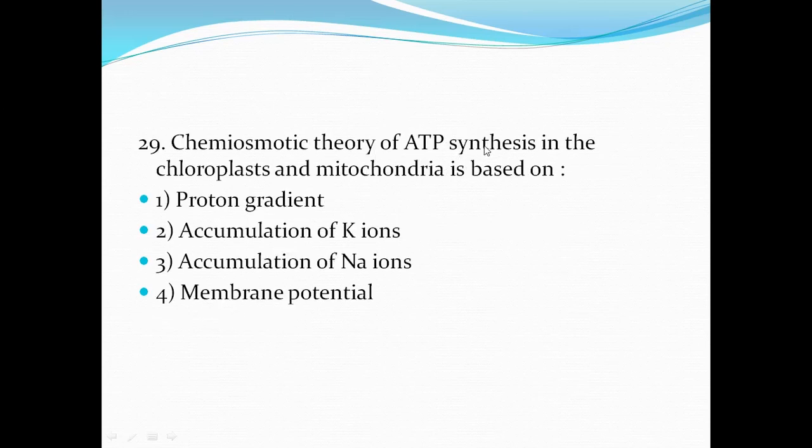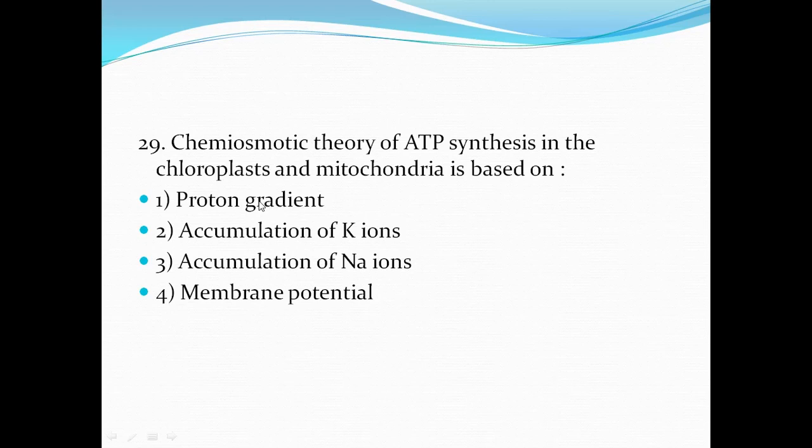Chemiosmotic theory of ATP synthesis in the chloroplast and mitochondria is based on... Now, this is based on the proton gradient. In the case of mitochondria, protons get accumulated in the intermembrane space, so their concentration there becomes high.